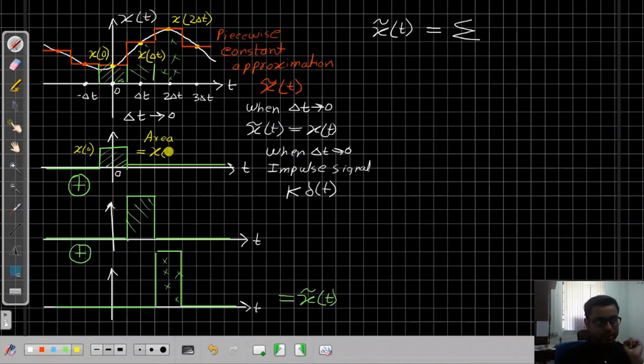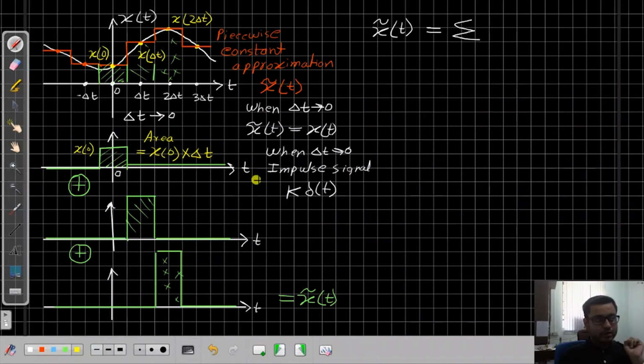So x(0) is the height multiplied by the width. Now how much is the width from here to here? That width is this width from here to here, and you can see that this is equal to delta t. So this is the area.